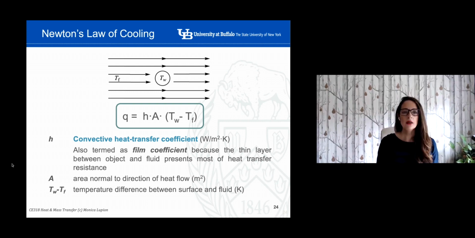So what we have here is that if you remember from the introduction, in the case of convection, we need a source of heat. Of course, it has to be a gradient delta T between the source and the receptor. But we also need to have some moving fluid.